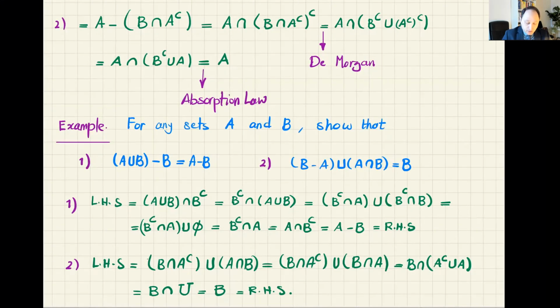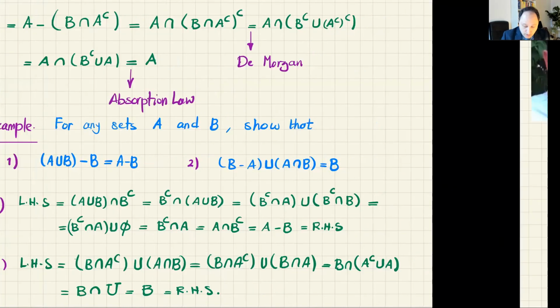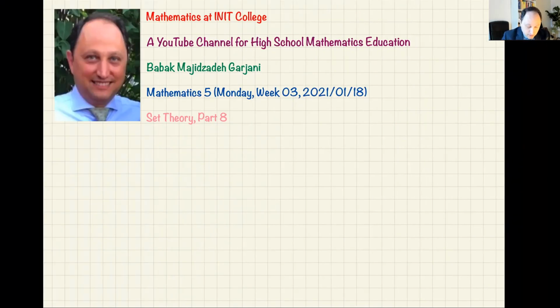Yes. Okay, now let me just go to the last part of the lesson, and that is regarding the cardinality of the sets, again the union. Let me write the theorem first for you. Theorem.